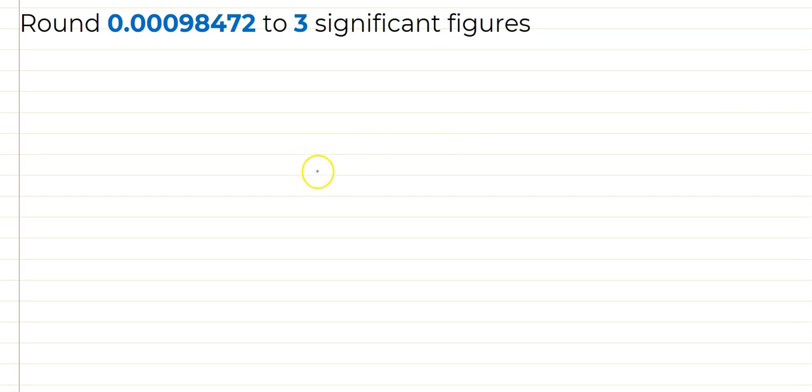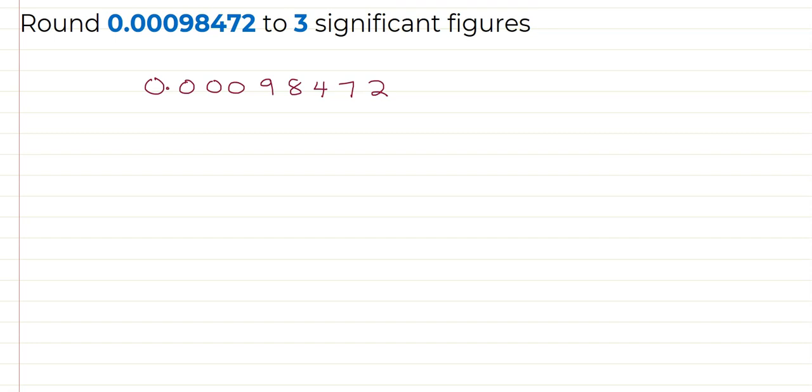So we want to round 0.0009847 to 3 significant figures. So I'm going to write out the number 0.0009847. You remember what we said earlier, you want to identify your significant figures, you must ignore all the zeros that start the number.